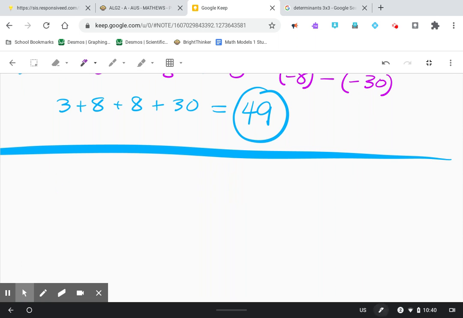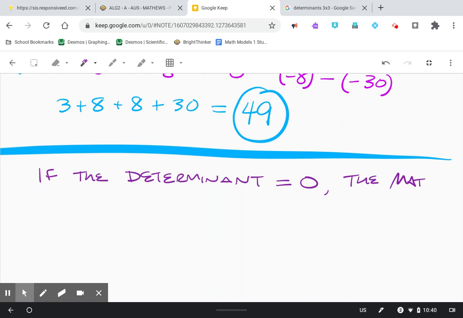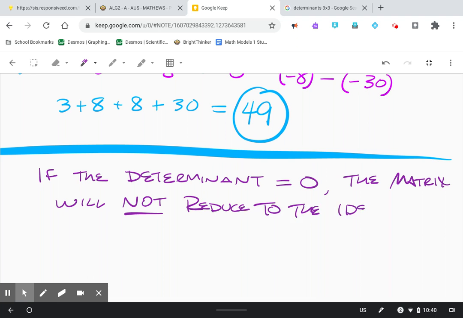If the determinant, let's write it out all the way, determinant equals 0, the matrix will not reduce to the identity matrix.